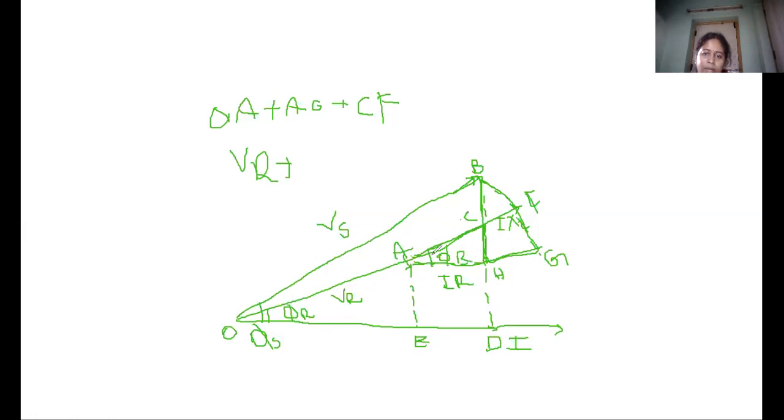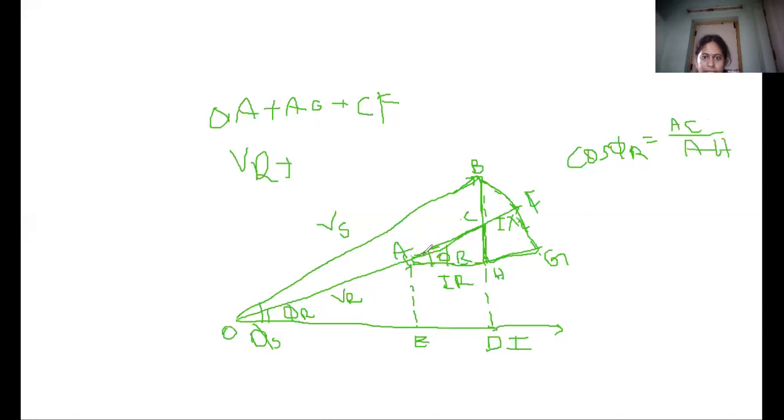So here we can apply cos phi r equal to adjacent side by hypotenuse. Here is the right angle triangle. So cos phi r equal to AC by AH.